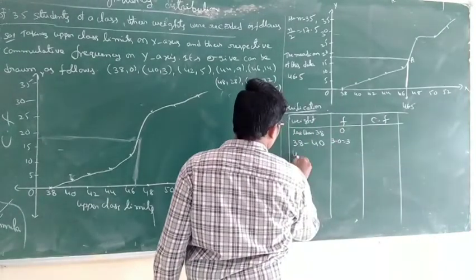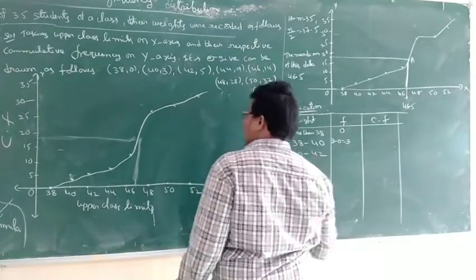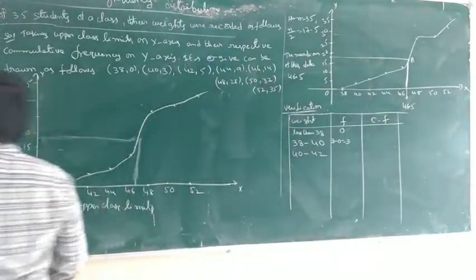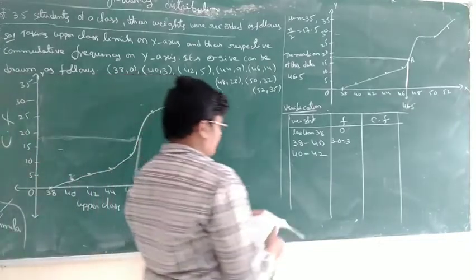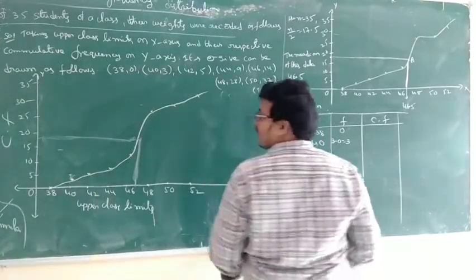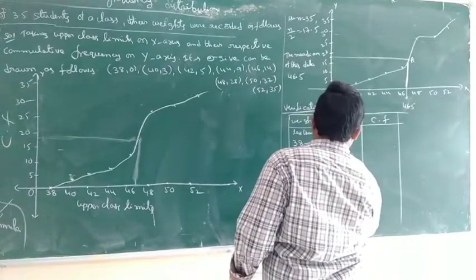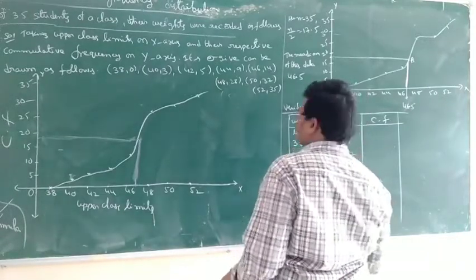Next, 40 to 42. Below 42 means the total is 8, and 8 minus 3 gives 5 remaining.